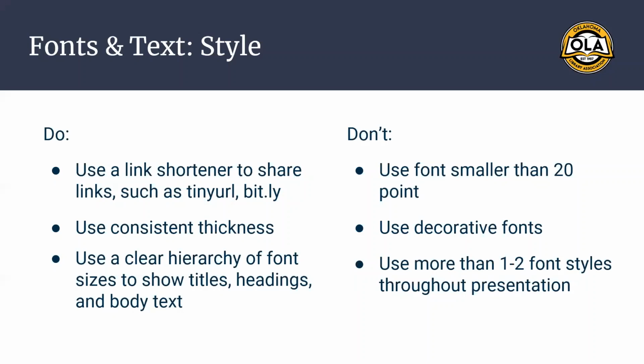Do not use a font smaller than 20 point on a presentation. Font that appears large on a computer screen can be too small to read from the audience. Do not use decorative or unconventional fonts that may be hard to read. Do not use more than 1 or 2 font styles throughout the presentation.